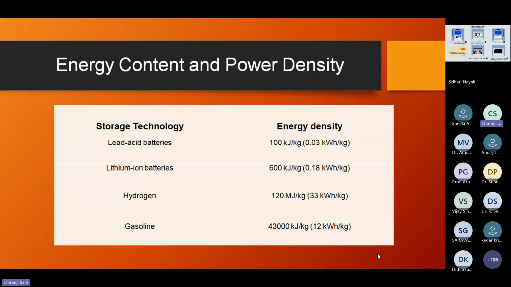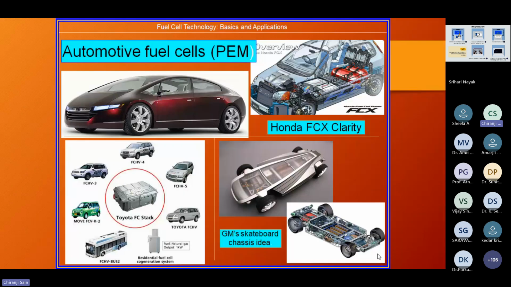Here are some examples of fuel cell technology, and I have tried to embed them for better understanding of this technology. So you could see the automotive fuel cell, the proton exchange membrane fuel cell, and the Honda FCX Clarity, which first introduced fuel cell based hybrid electric vehicle technology, and the Hyundai Nexo.